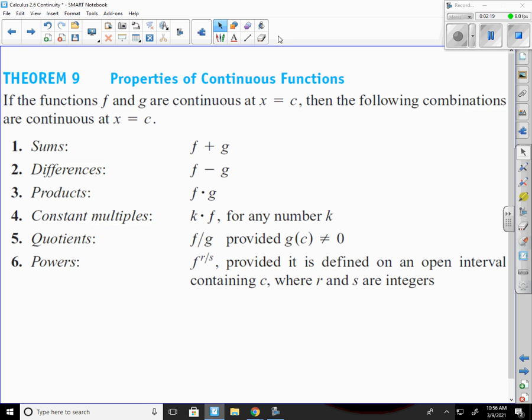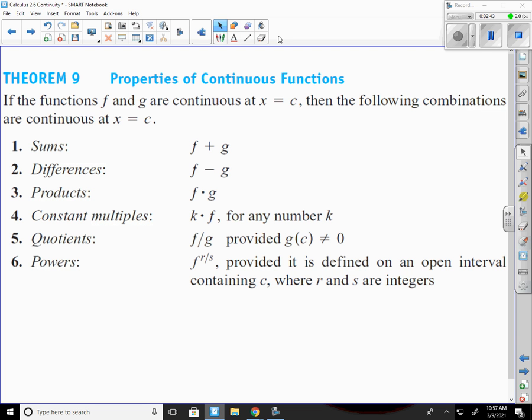Theorem 9, properties of continuous functions. If the functions f and g are continuous at x equals c, then the following combinations are continuous at x equals c. I can add the functions, I can subtract them, I can take their products or multiply them, I can multiply them by a constant or just by any number.